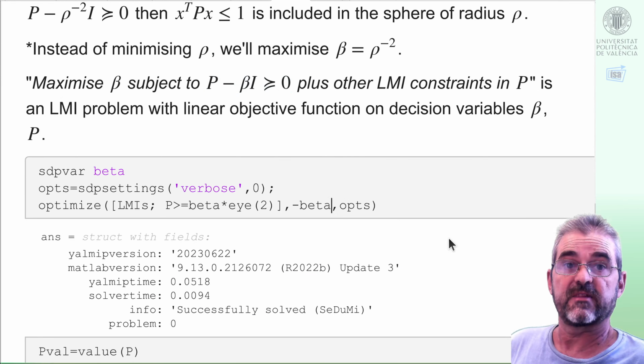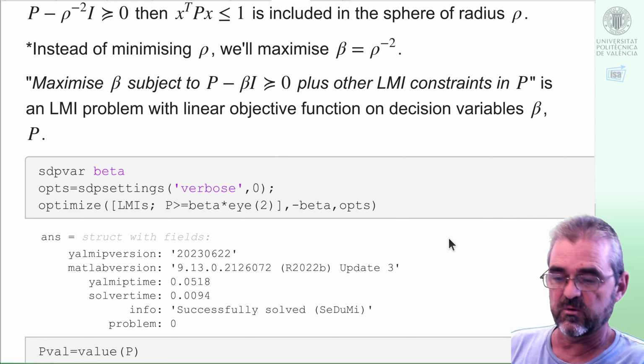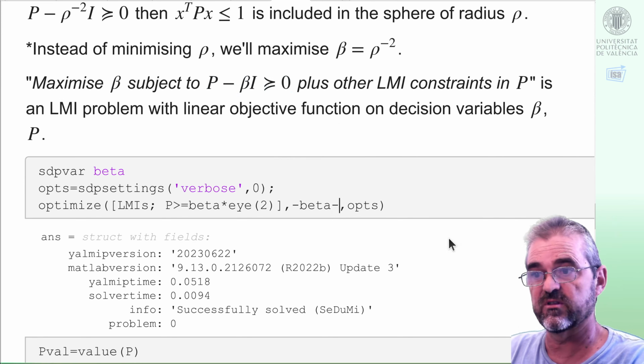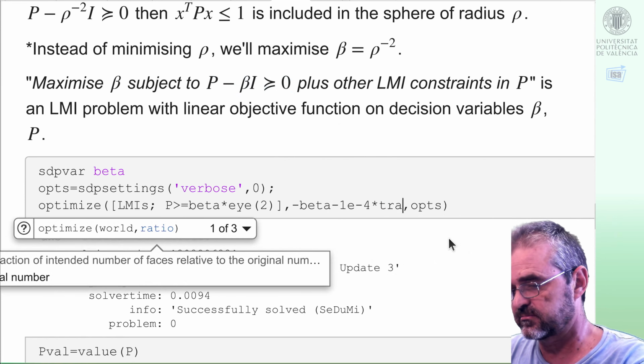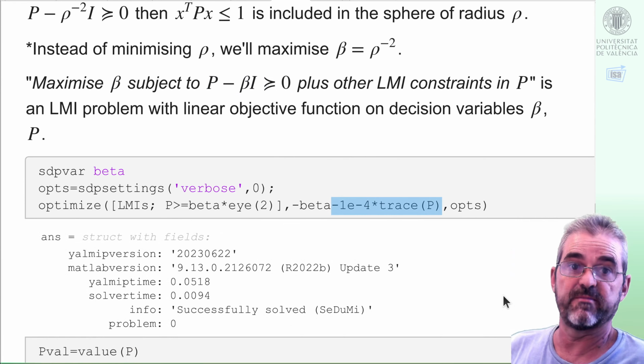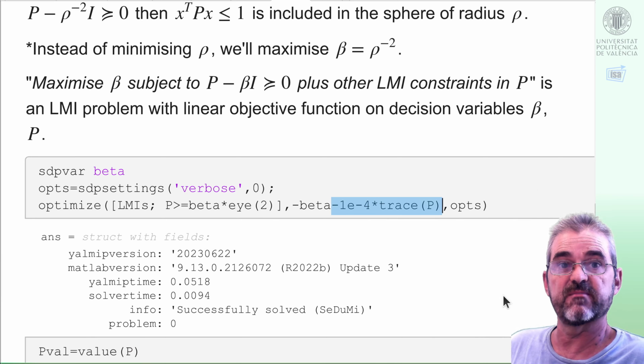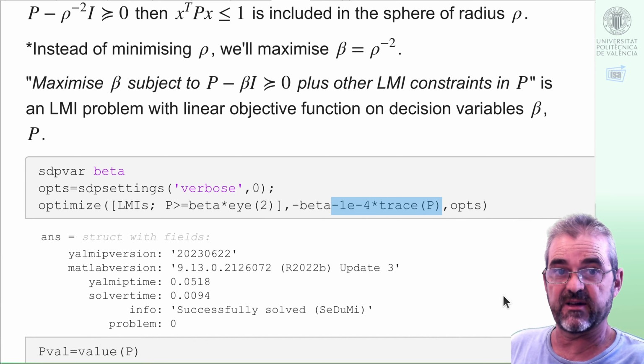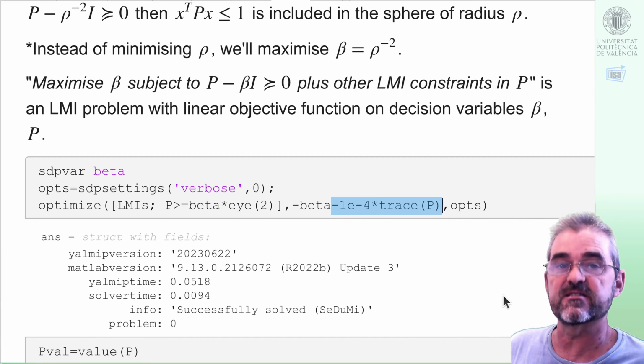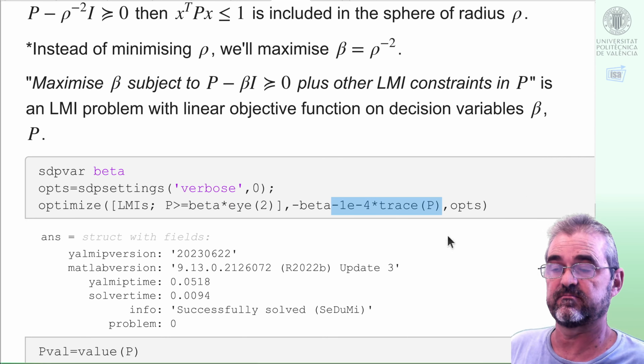So, as the trace of a matrix is the sum of the eigenvalues, we will propose this modification. So we will maximize beta, which is roughly the lowest eigenvalue, but we also will try to maximize with 10,000 times less intensity, let's say, the other eigenvalue of P.